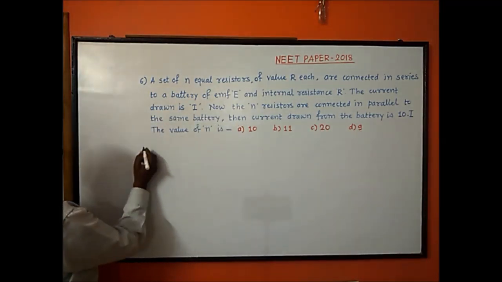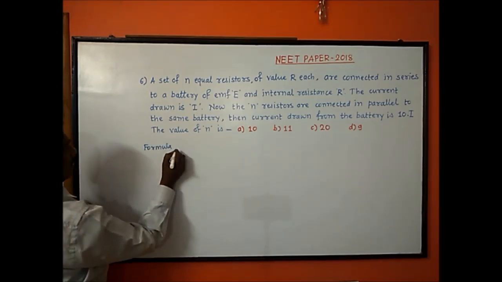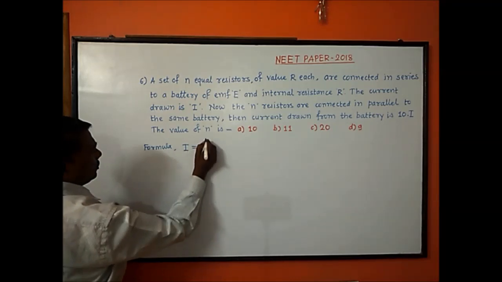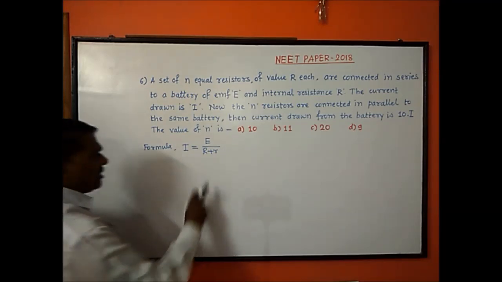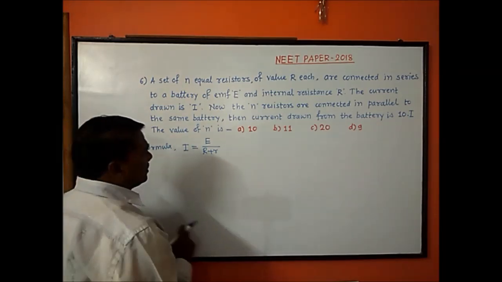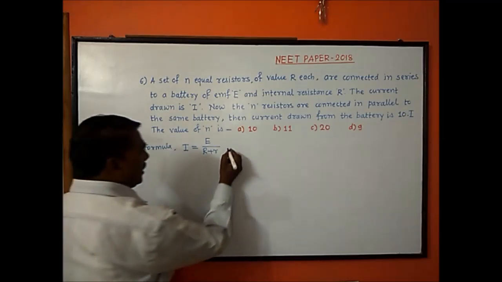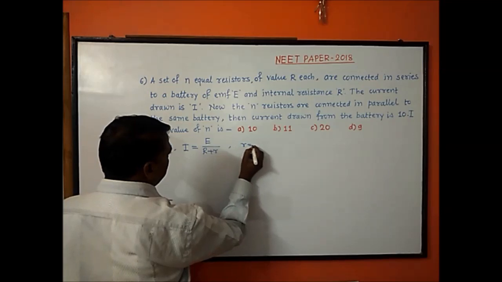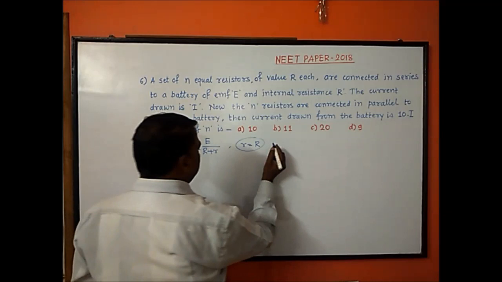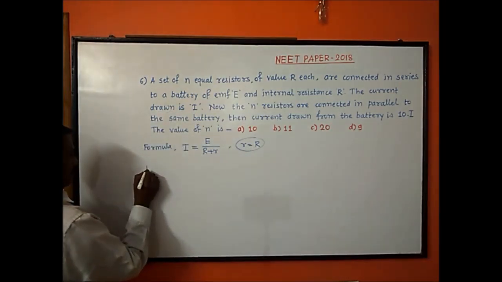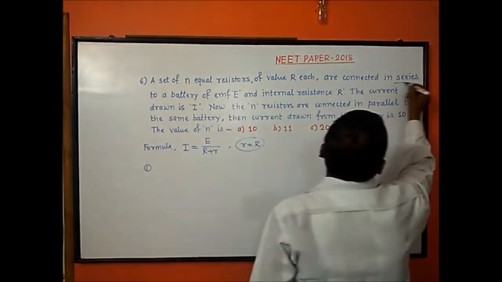So now the formula for current: I is equal to E upon R plus r, where capital R is the external resistance and small r is the internal resistance of the battery. Now here given r is equal to capital R, and for the first case, the resistors are connected in series.